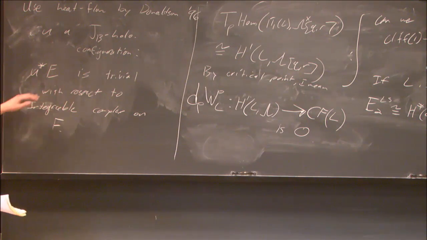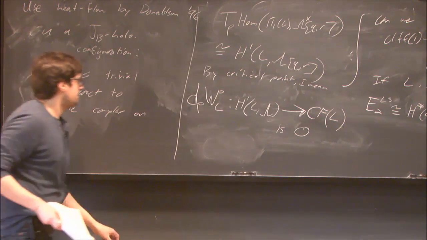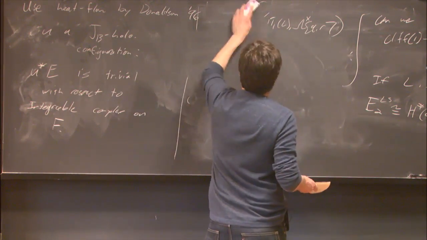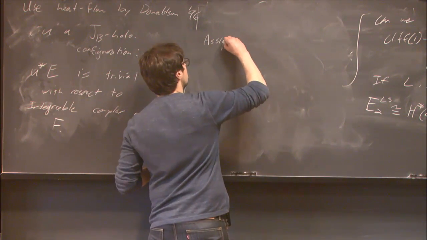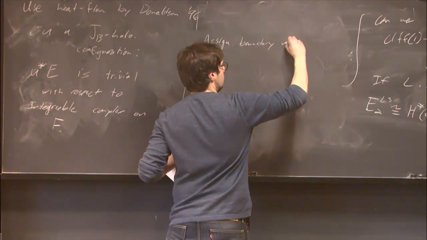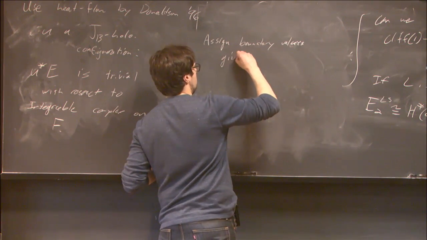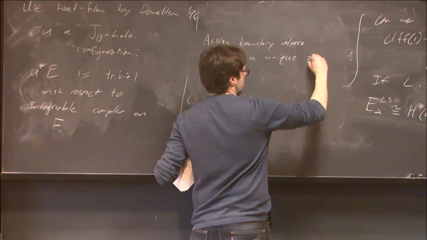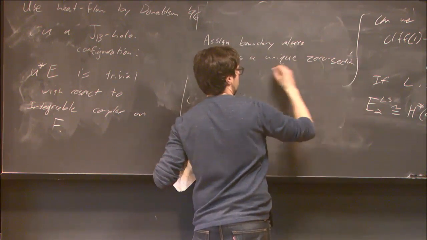Okay, and then this gives you at least a zero section. Not a zero section, but once you assign boundary values, it gives a unique zero section lift.